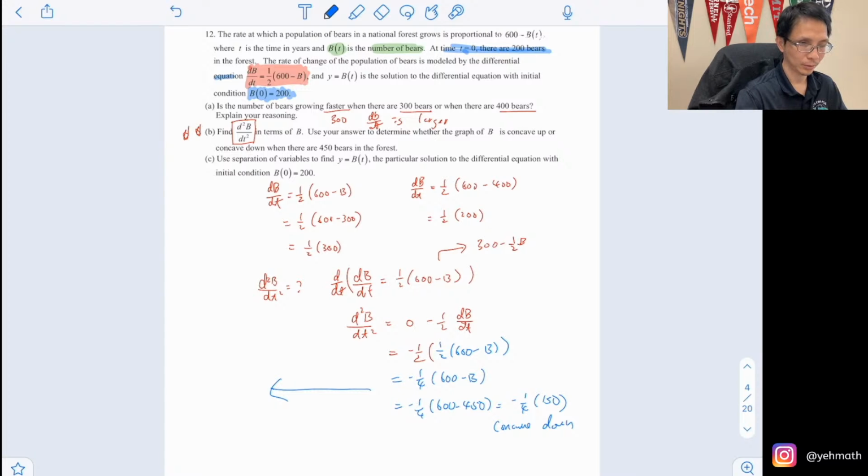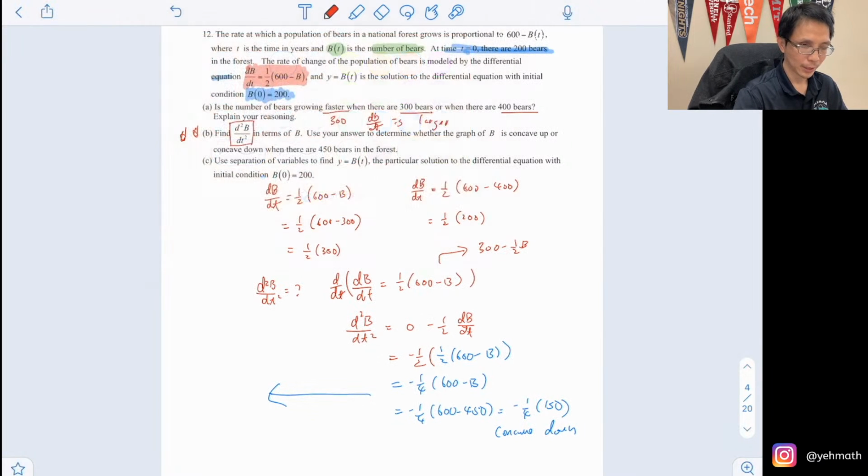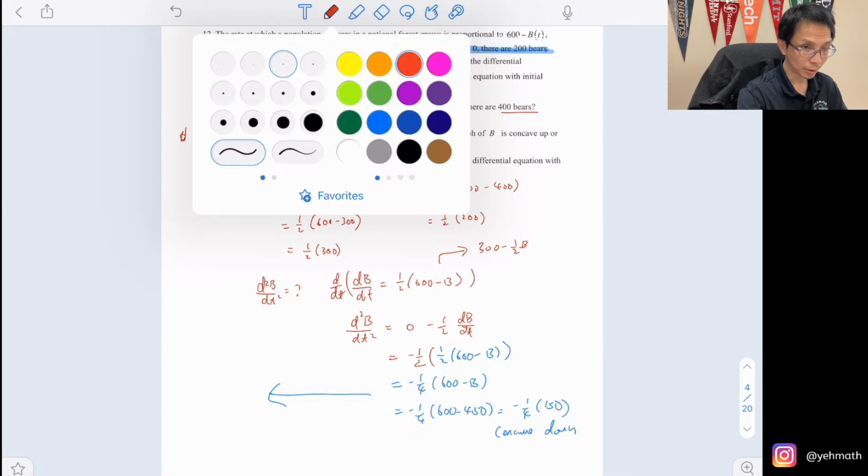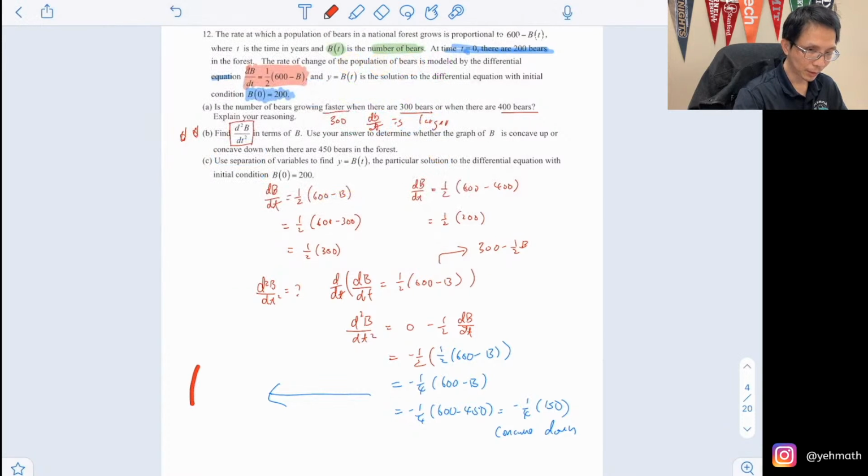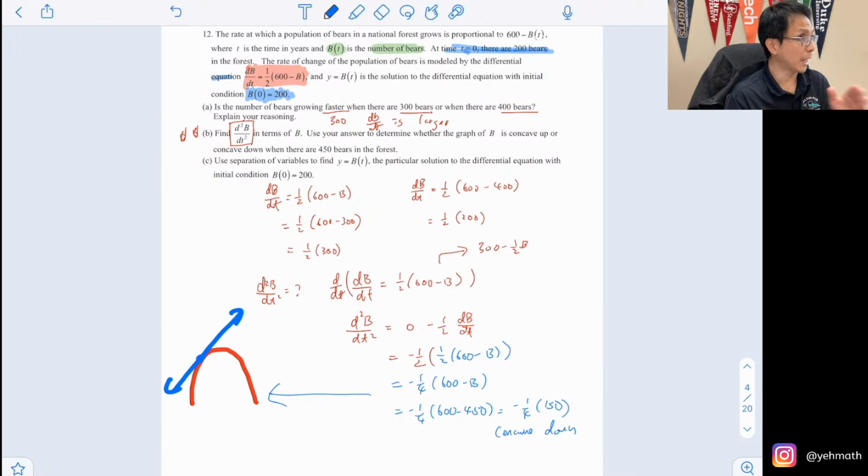Why over? That's a good question. Why over? If you have something concave down, and if you have a tangent line, you can draw it out. Make sure you understand this drawing.